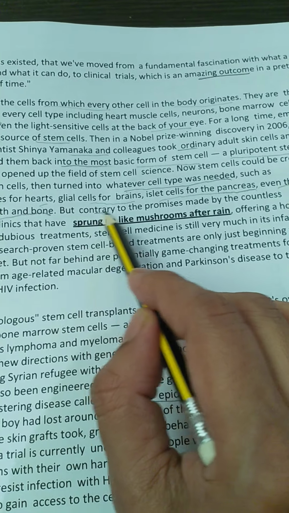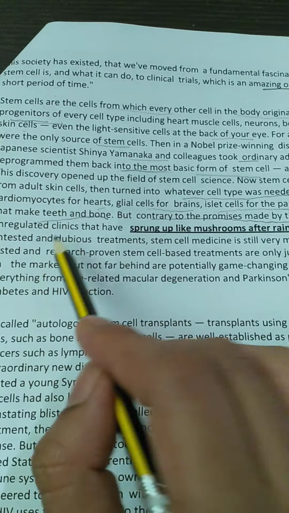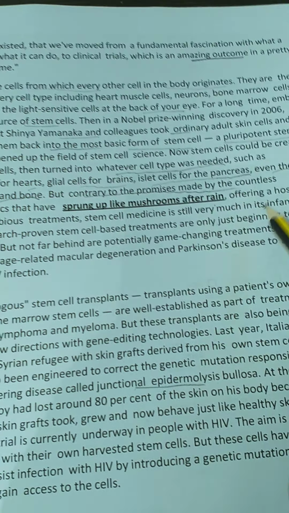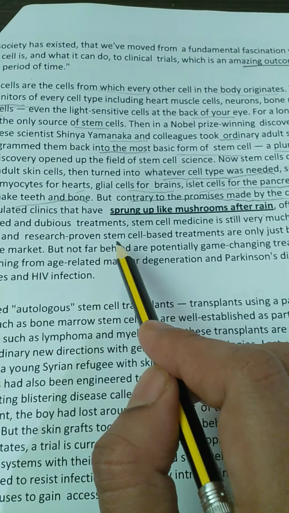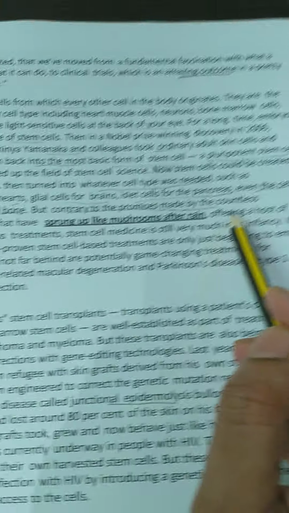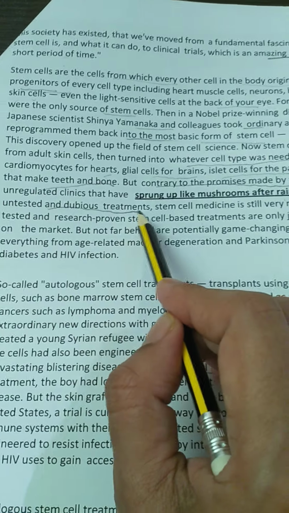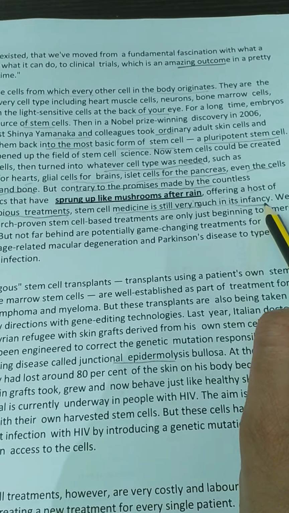But contrary to the promises made by the countless unregulated clinics that have sprung up like mushrooms after rain, offering a host of untested and dubious treatments, stem cell medicine is still very much in its infancy.